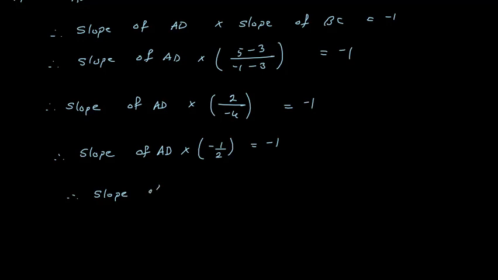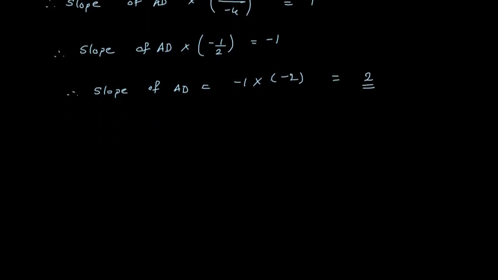Therefore we say that slope of AD is equals to minus 1 into, this 2 will go in numerator. Here it is in multiplication, so it will come in denominator and this will become 2. Slope of AD is 2.